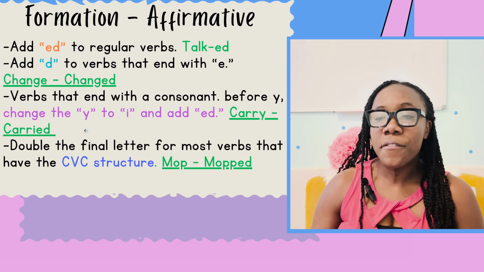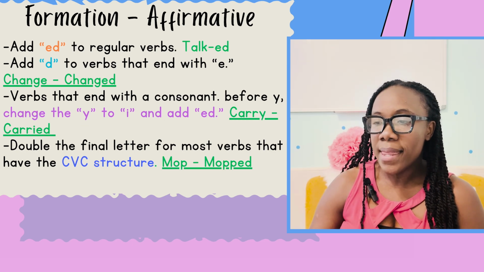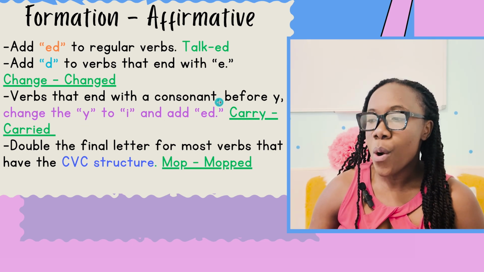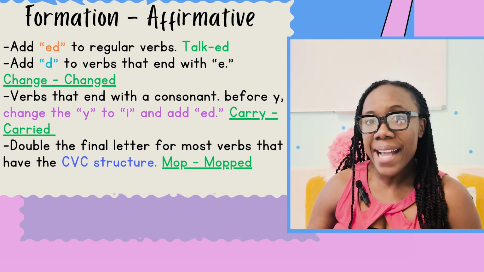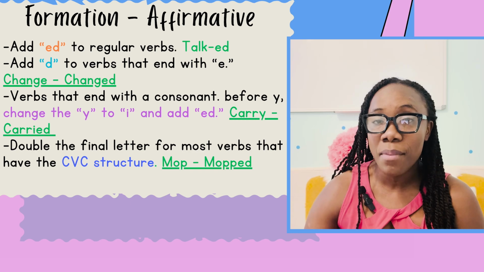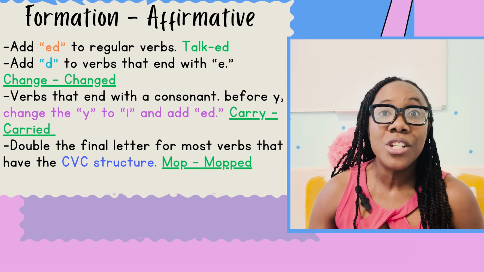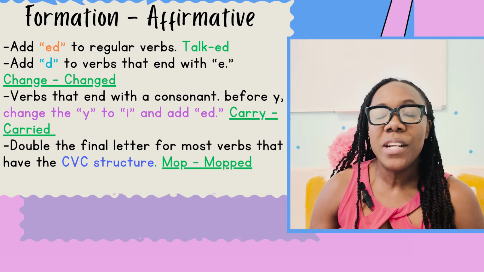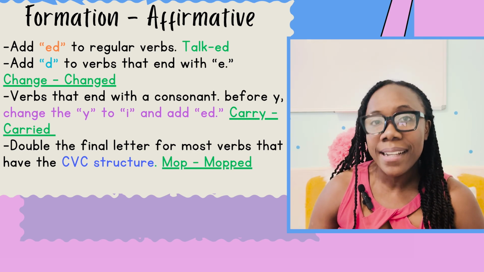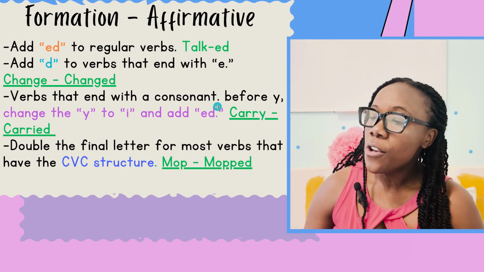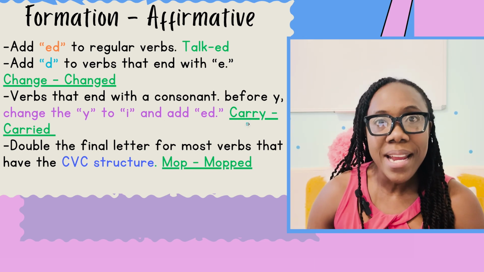Next, we have verbs that end with a consonant before y. If there's a verb that ends in y, and it has a consonant before the Y, we have to do something special. We change that Y to an I, and then we add the ED. So, for example, the verb carry.